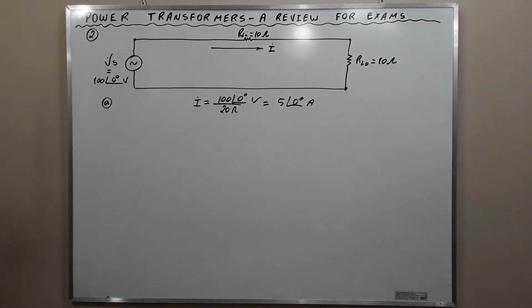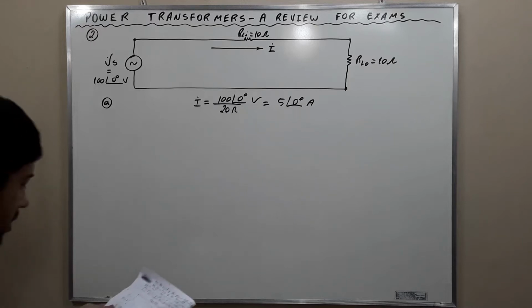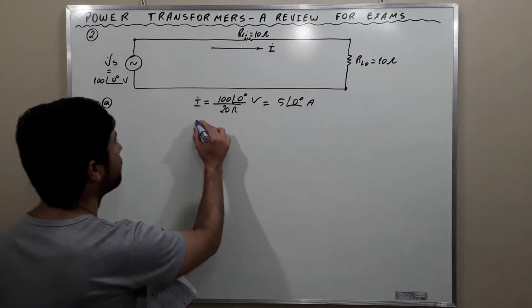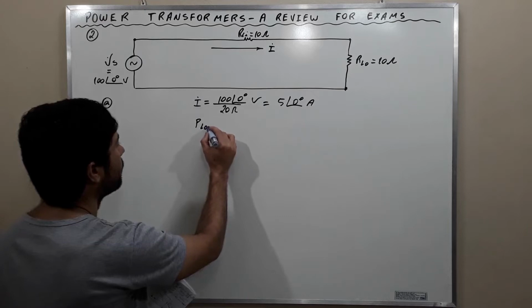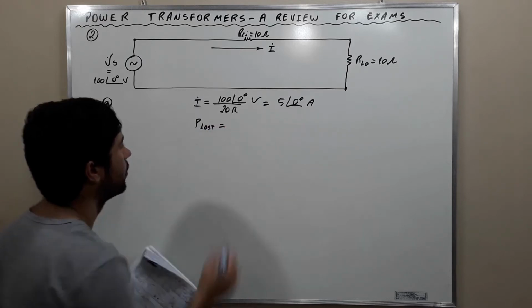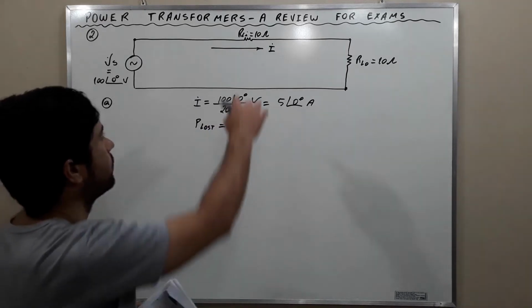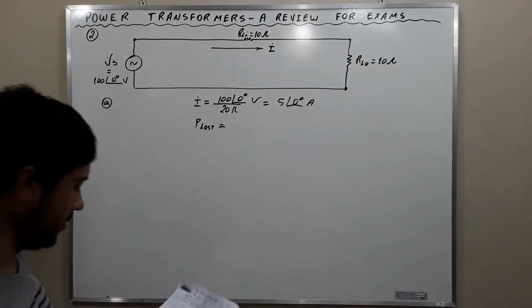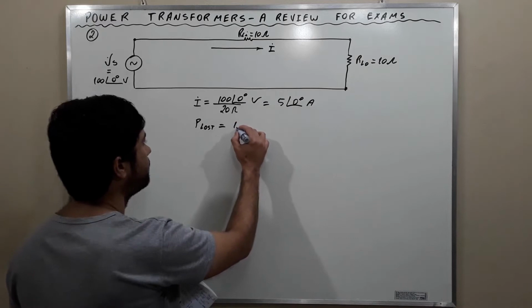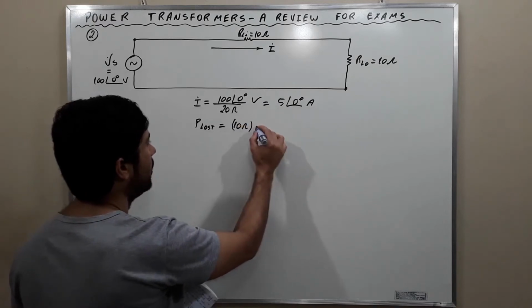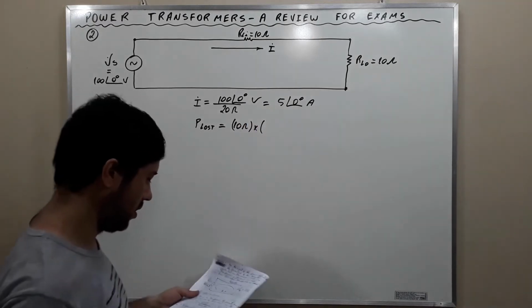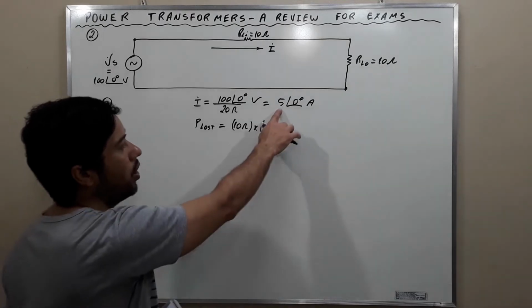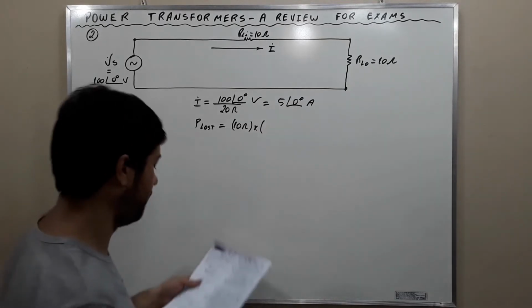The power lost in transmission is the value of the resistance of the line times the magnitude of the current squared.